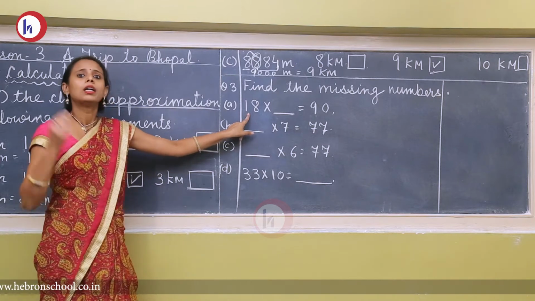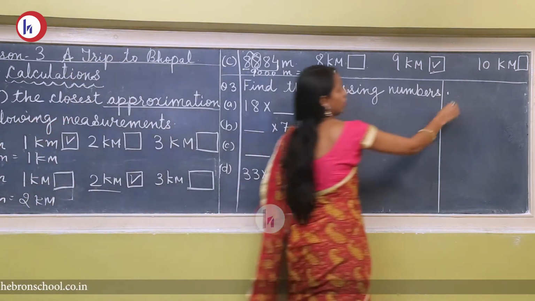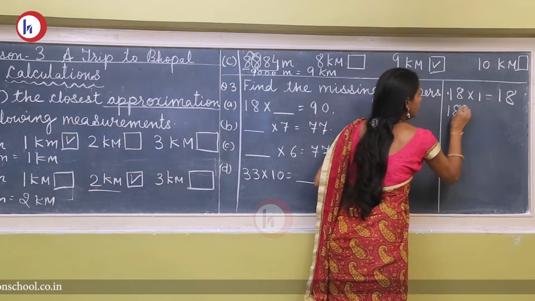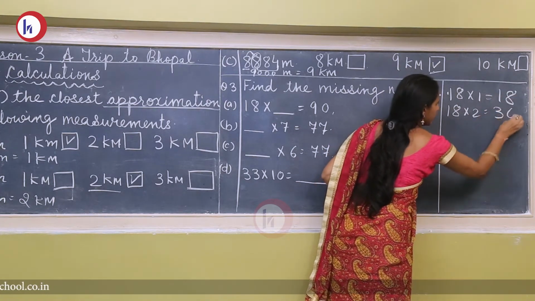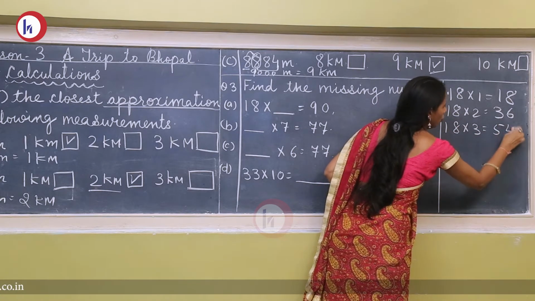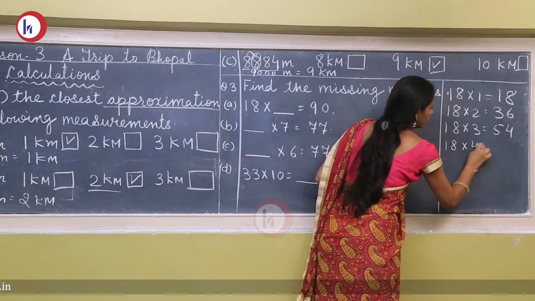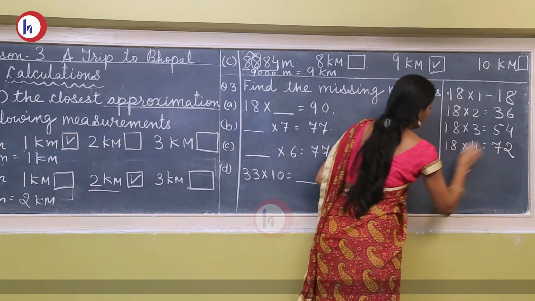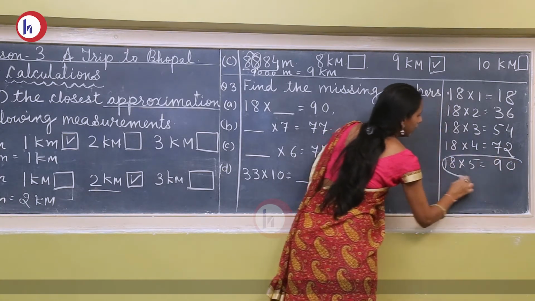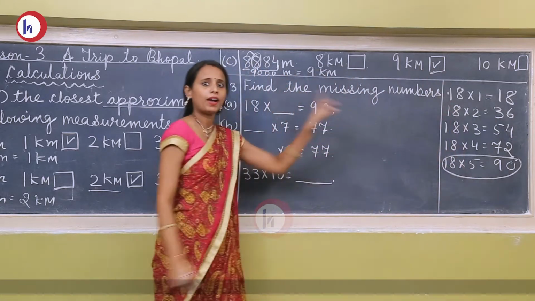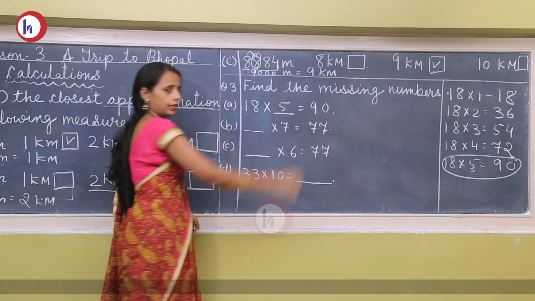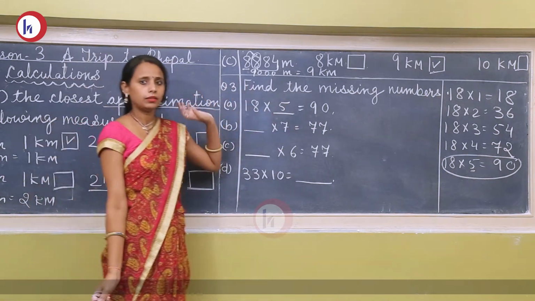So we have to see the table of 18. 18 ones are 18. 18 twos are 36. 18 threes are 54. 18 fours are 72 and 18 fives are 90. So here we will get 90. 18 fives, how many times? 5 times. So 18 fives are 90. In this way we can get the second number.